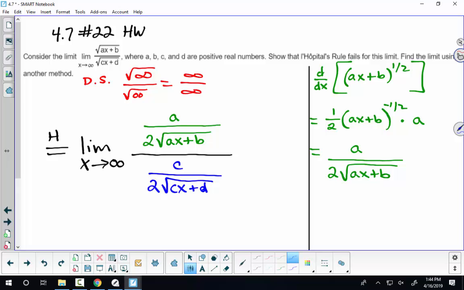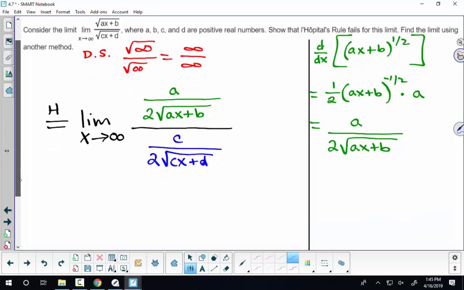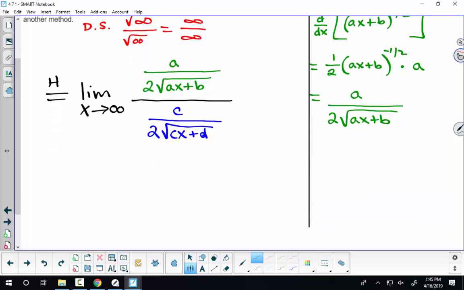Now, before we reevaluate, what do we need to do? After L'Hopital's rule, then we simplify. So we're going to simplify all of this now. What does that simplify to? Yeah, the 2's will divide out.